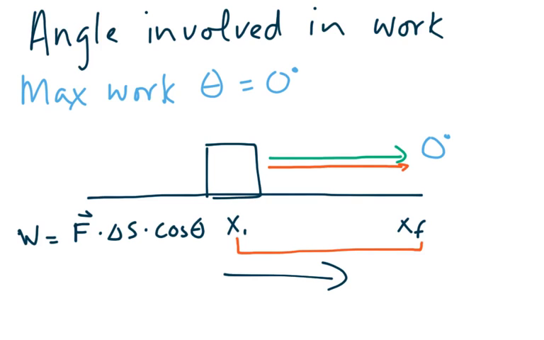If I have 0 degrees, what is the cos of 0 degrees? The cos of 0 degrees is 1. So this basically is that highest value that you can get. This is where we only have the force to contend with and we only have the displacement. That's the best it gets.